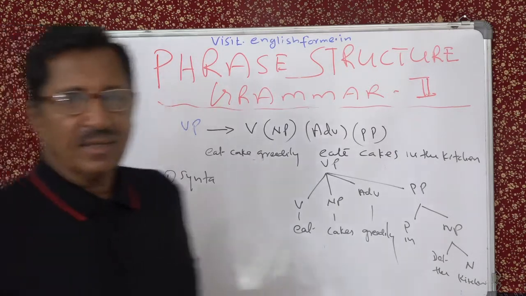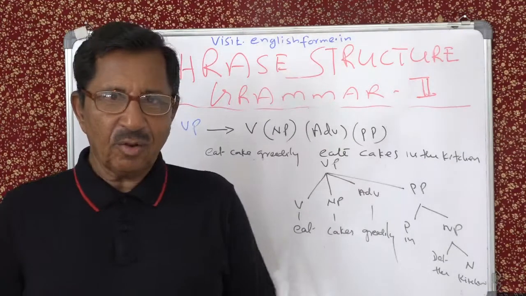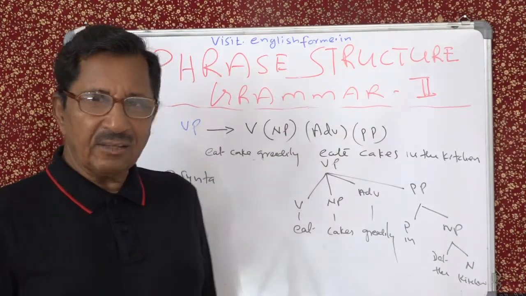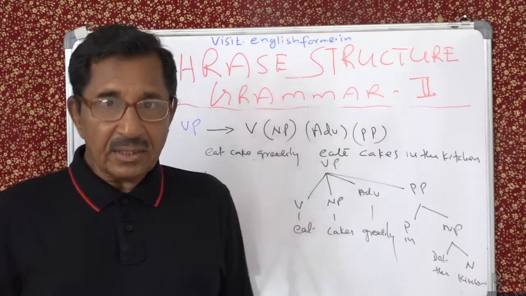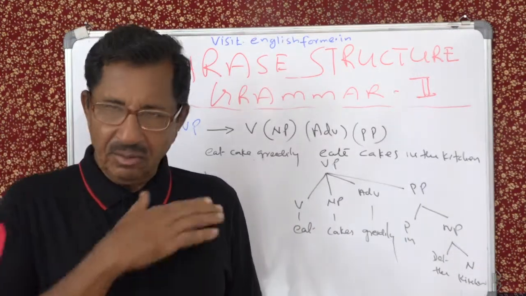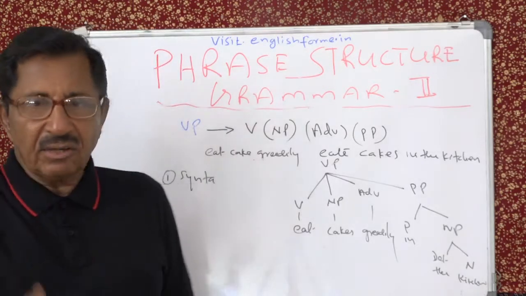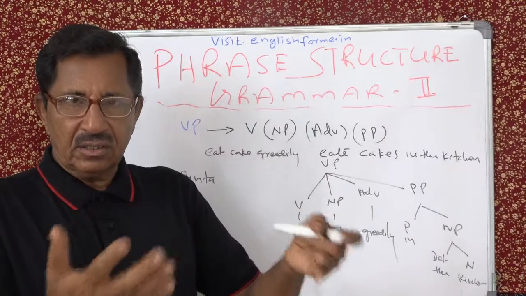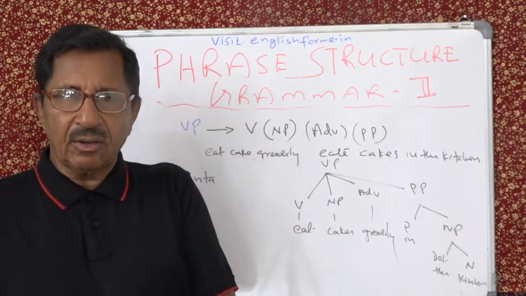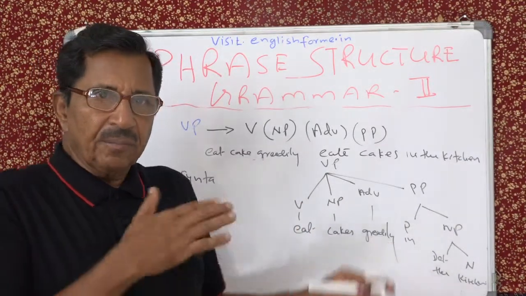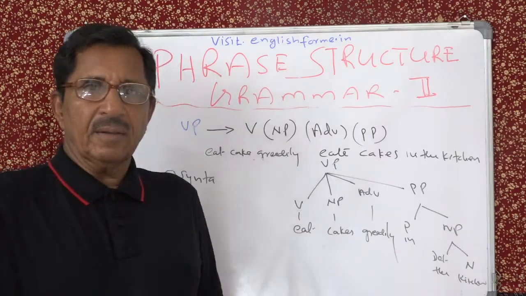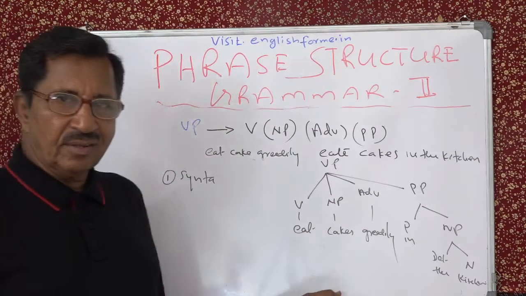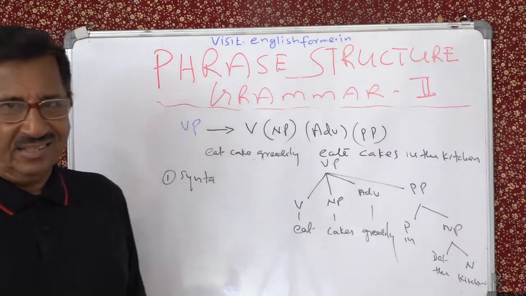Because for one thing, this is not commonly used, and secondly, you will find it has many limitations. But at the same time, we should know the theory; we must know the theoretical development. You see, traditional grammar, then structural grammar with IC analysis as the tool, then phrase structure grammar. Structural and IC analysis and traditional grammar together, you will find the features of both here.